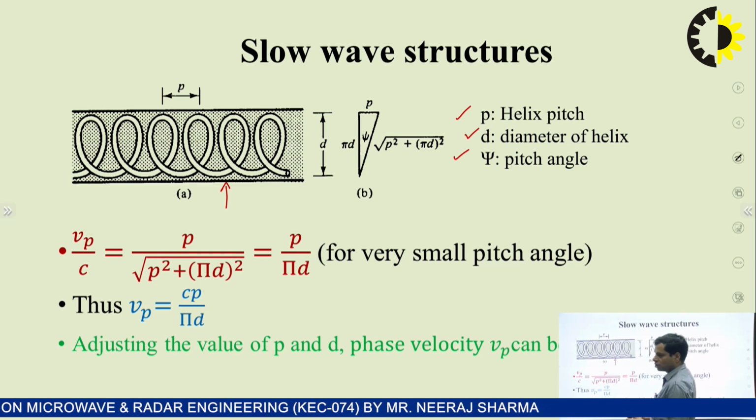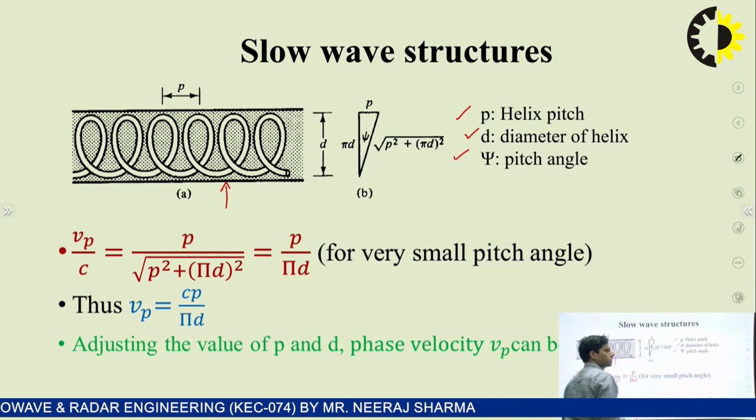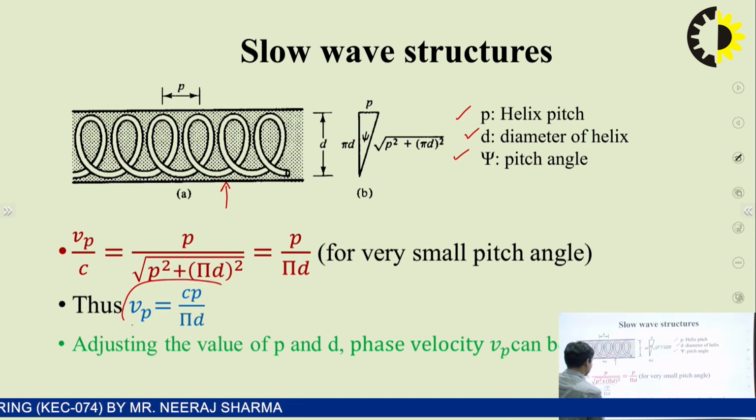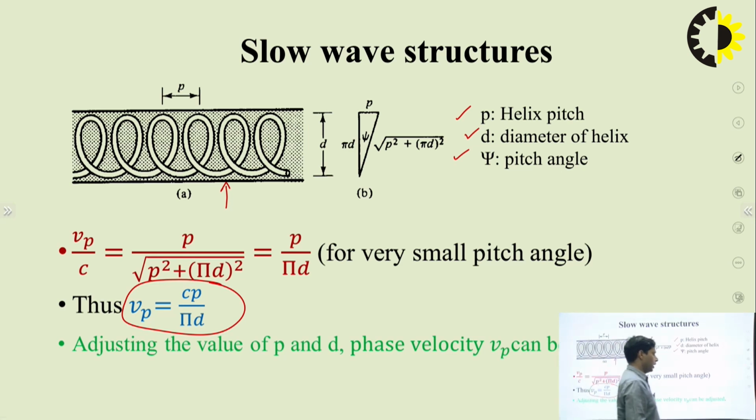Most of the time in exams, the question will be asked on the basis of calculating the phase velocity. For that we use the formula: phase velocity Vp equals C, the velocity of light, times P upon pi D, where P is the helix pitch and D is the diameter of the helix. The relation is Vp by C equals P upon the square root of P squared plus pi D squared.